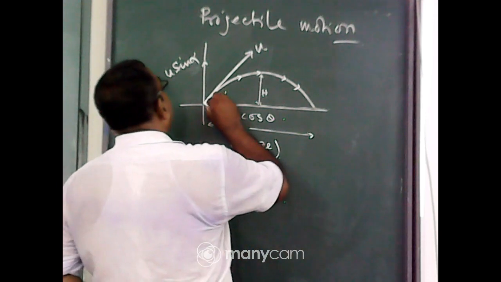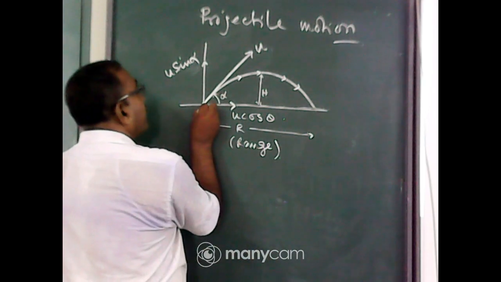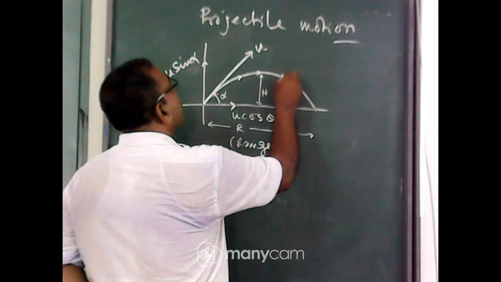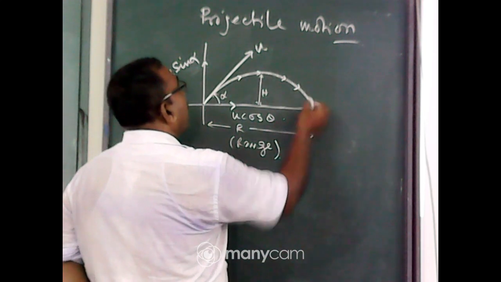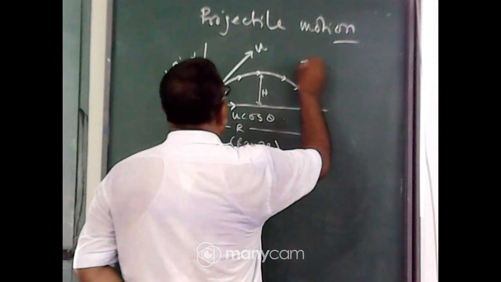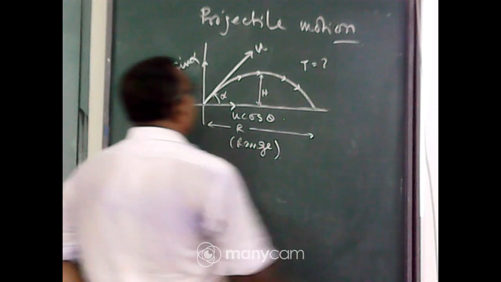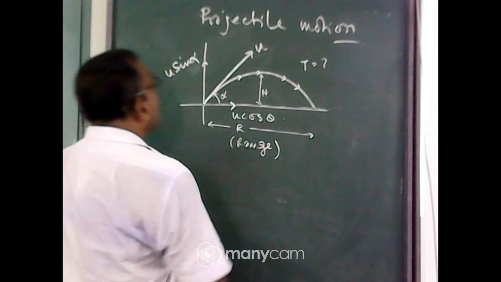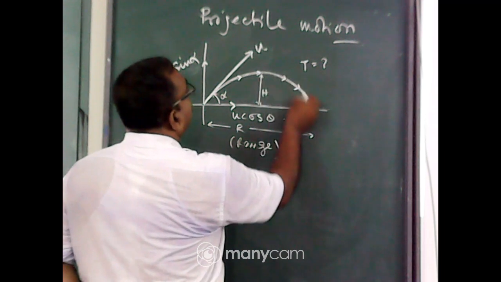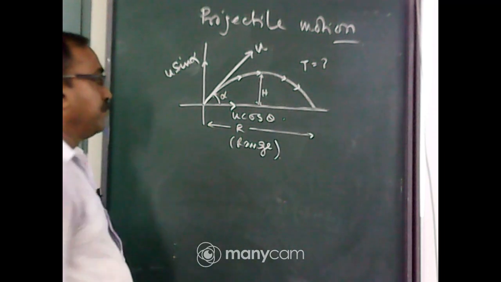And you see here, you throw the ball from here and the ball is in the air. That means the time of flight you calculate it. So what will be its total time in the air? That means you calculate the ascending time and again calculate the descending time.